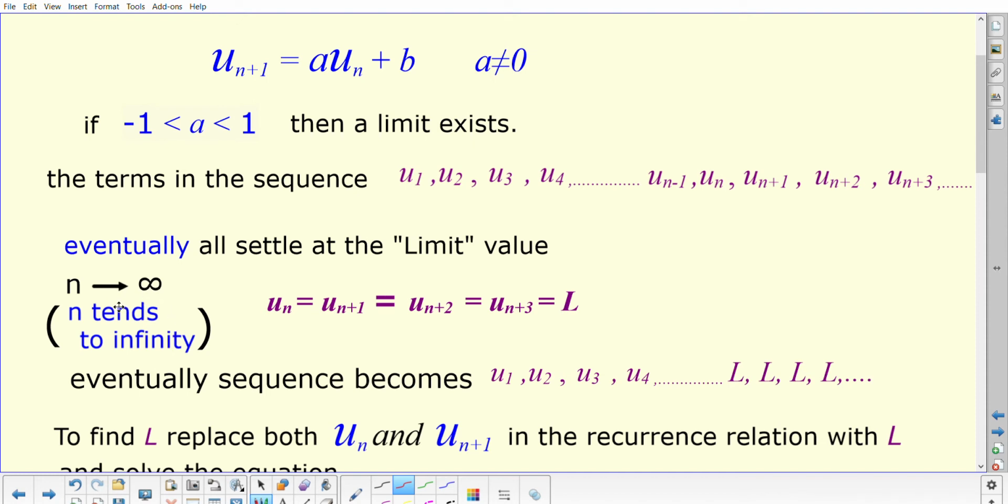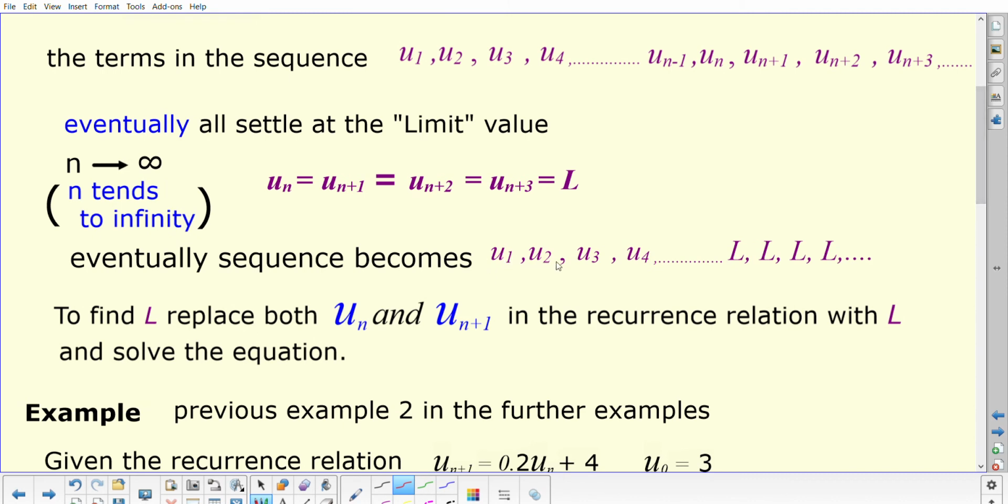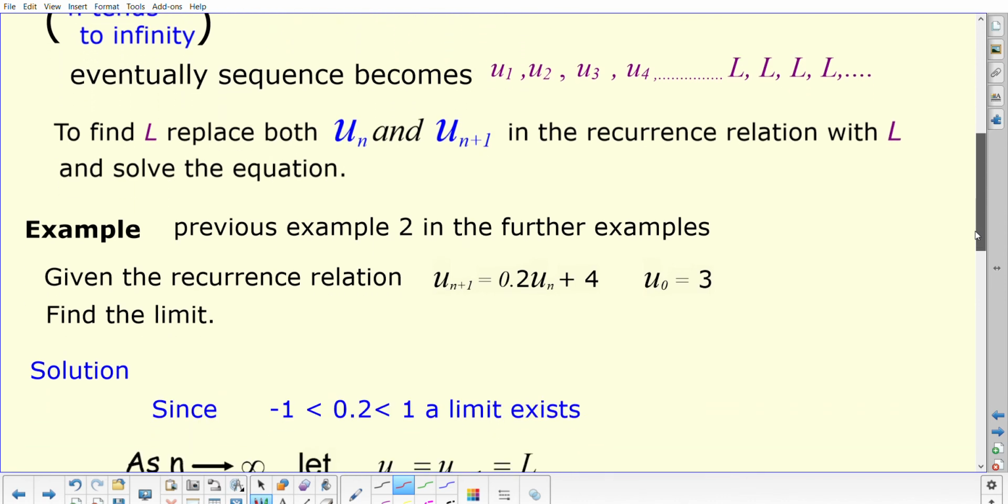So what we say there is that as n tends to infinity, so the further into the sequence we go, the more likely it is that these terms are going to settle at a particular value. We're going to call that L, which is our limit value. So your sequence will start off with different numbers, u1, u2, u3, u4, and eventually when you keep pressing your equals button, your calculator starts not changing, and that's the limit value that you've reached.